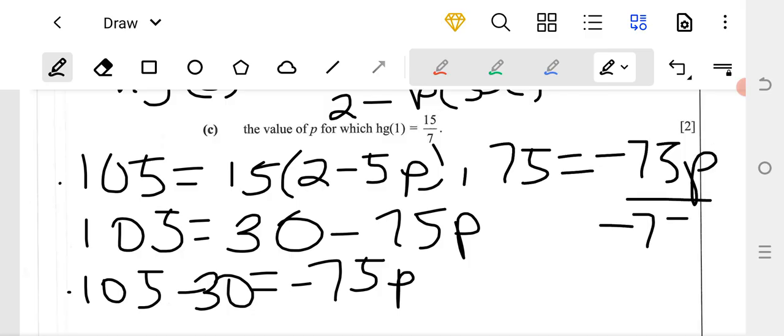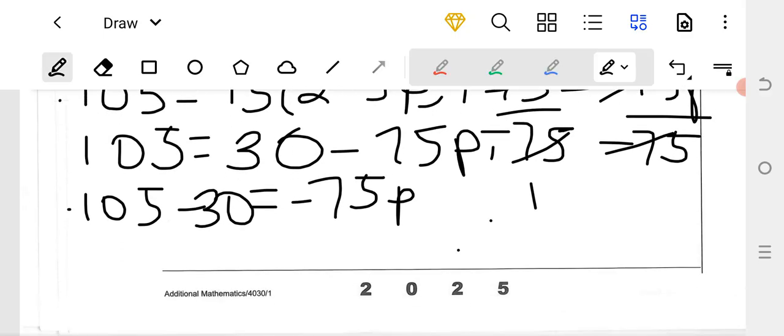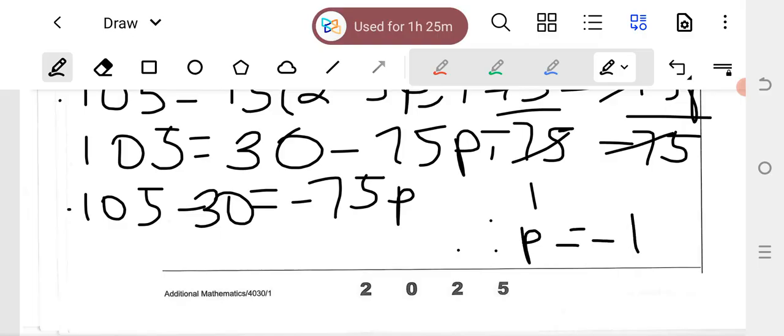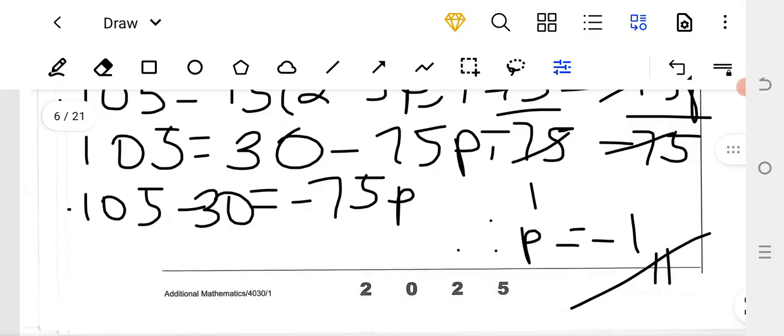Divide by negative 75. 75 into itself is going to give you 1. Okay, so therefore p is equal to negative 1, not the answer we found. Please take note. P is equal to negative 1.